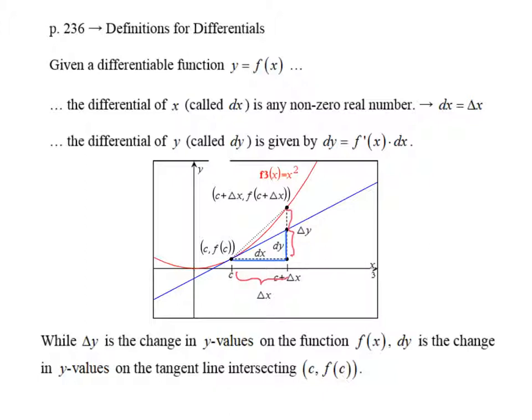You should keep in mind that delta y, we've been working with even through pre-calc and before. That's the change in your y values on the given function. But dy is going to be the change in your y values on your tangent line. So that's what's new. Try to also get a quick sketch of these concepts, because if you have a mental picture of them, I think it does help.